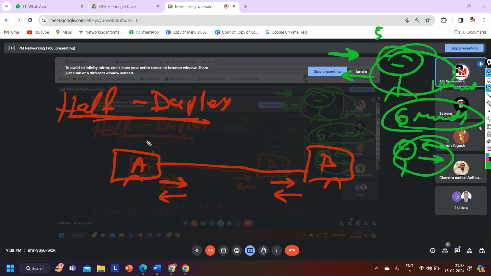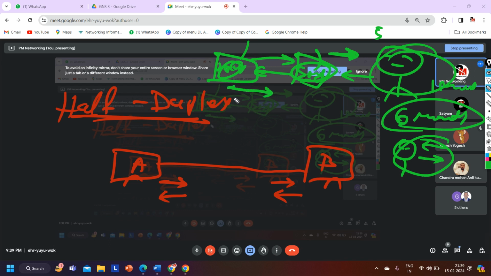Let me give you another example. Let's take the example of Bluetooth. You have two mobile phones, and you want to send one song from this mobile to this mobile at the same time, and there is one song on this mobile also. You want to send this song to this mobile and this song to this mobile. Through Bluetooth, you cannot send songs from both devices at the same time.